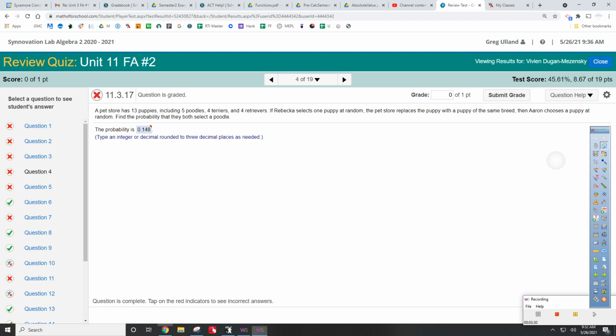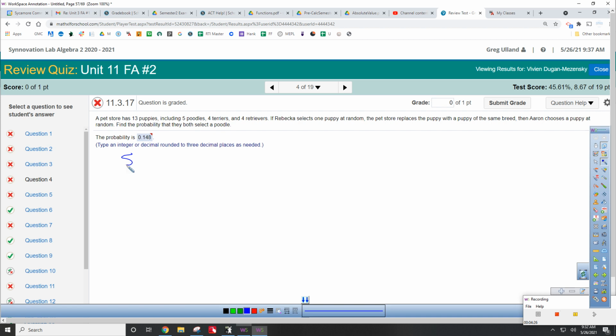So, what is the probability that Rebecca, what does she want to get? She gets a poodle. Well, there are 5 poodles out of 13 puppies, right? Now, typically, this question is asked where Aaron comes in and he wants a poodle. Well, now it would be 4 over 12, but that's not the case in this scenario.